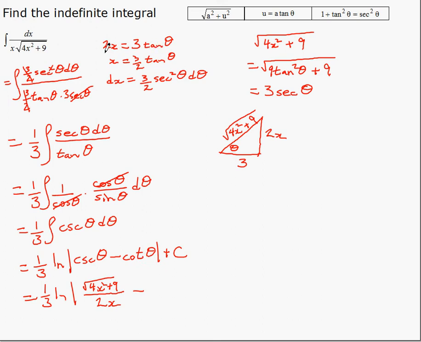We know tan is 2x over 3, so cotan has to be 3 over 2x. And that's plus c. We have a common denominator of 2x, so we could simplify that a little more, but there's no need. We can leave it as it is.